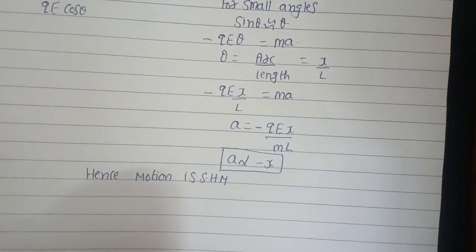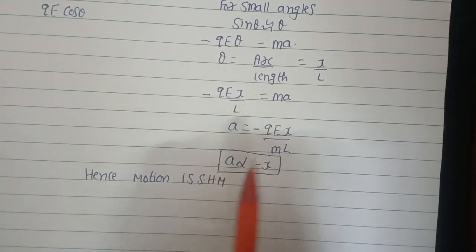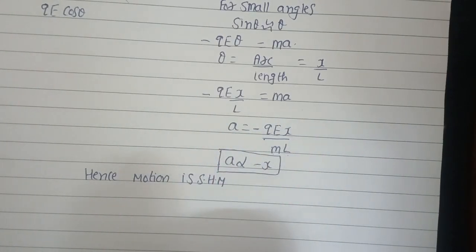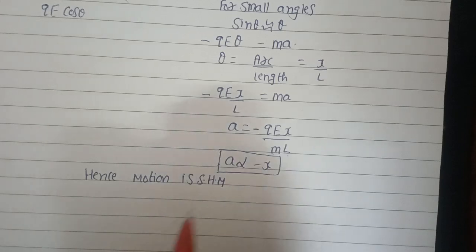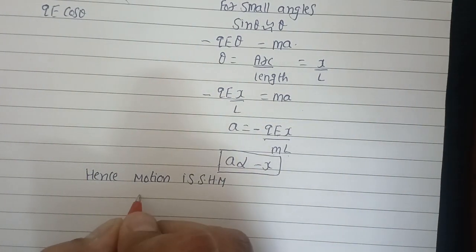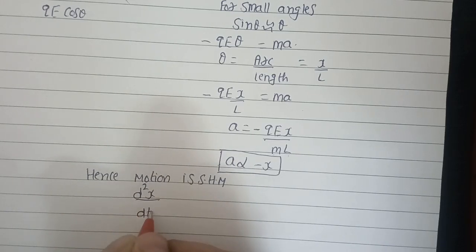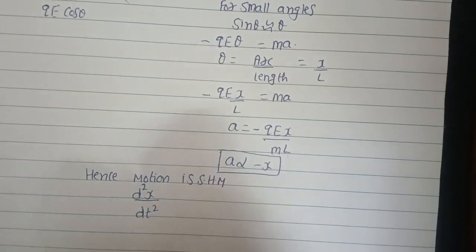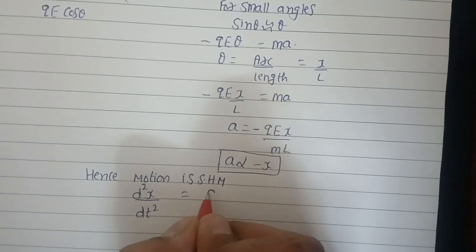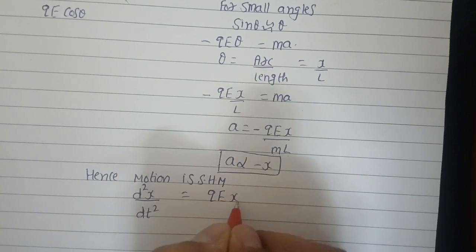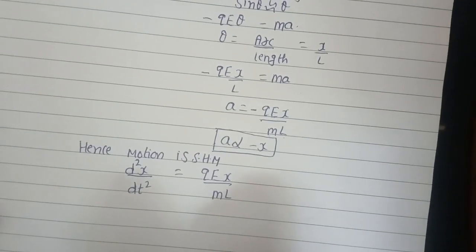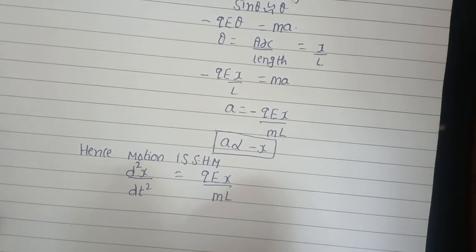So here we can write, take a as d square x by dt square is equal to minus QEx over mL. Right?